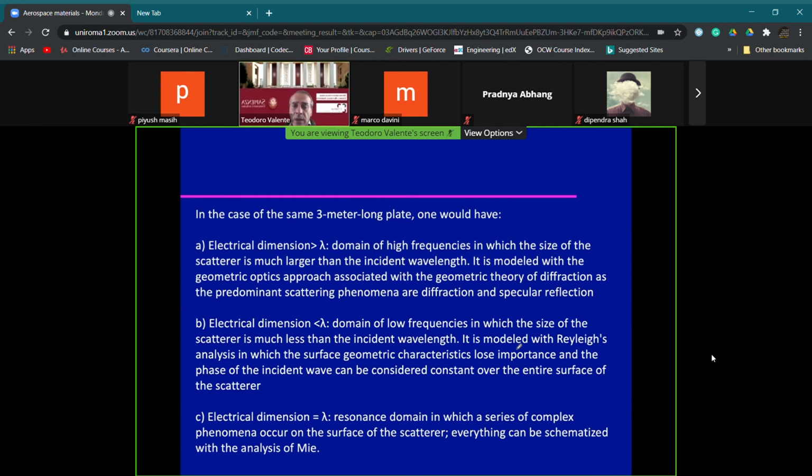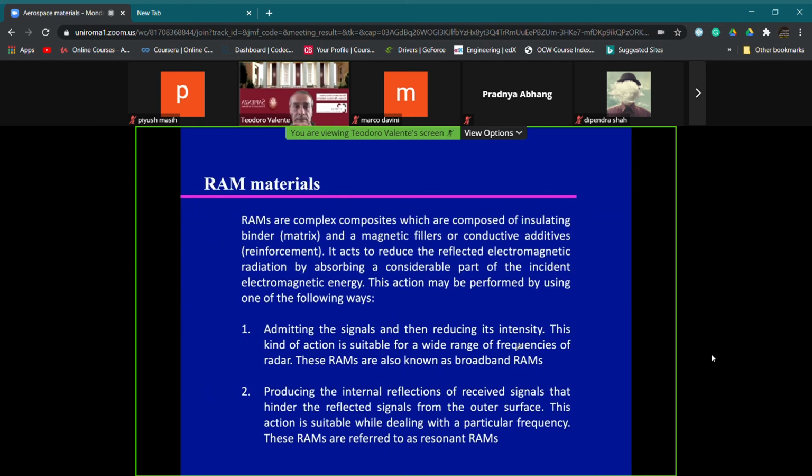Instead, when we have a resonance situation, where the electrical dimensions are equal to or very near the value of the wavelength, the scattering phenomena are modeled using the so-called Mie analysis. So these are three different cases in which, when you have to make calculations and modeling about interaction, you need to refer to three different tools.